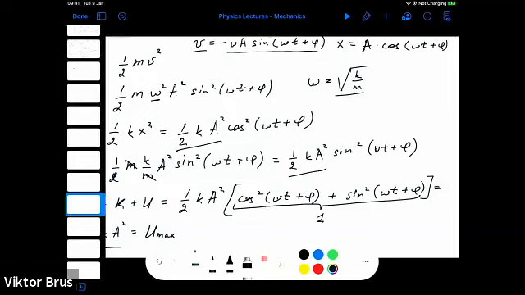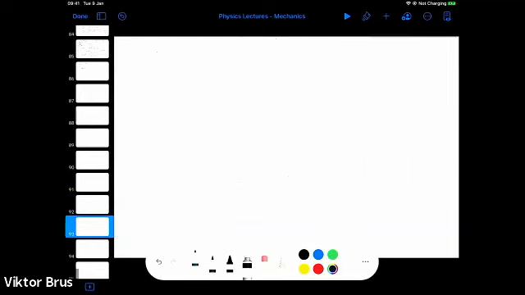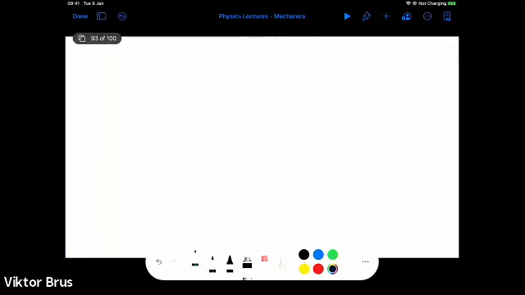So this can be used actually to determine velocity at any given displacement x. So let us consider this case when we need to determine velocity at a given position x. Then we don't need actually even time. We can use the equation for the total mechanical energy of a simple harmonic motion.